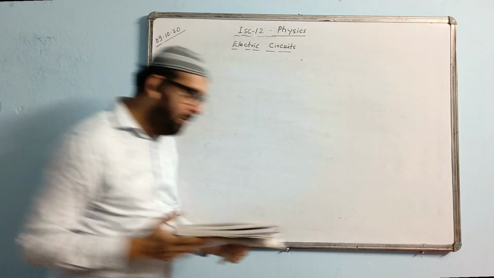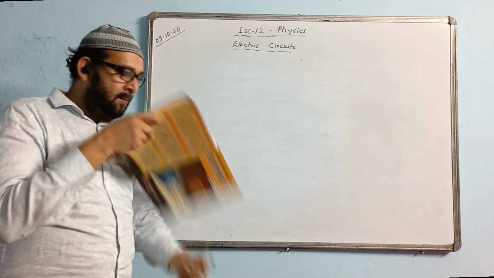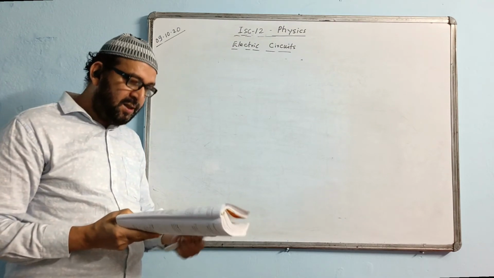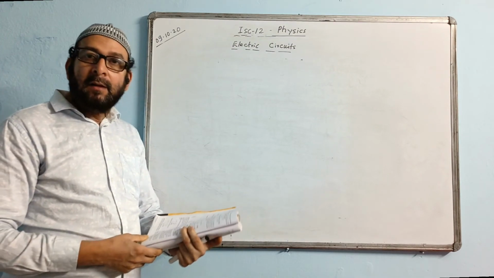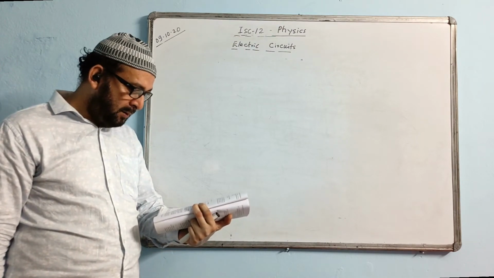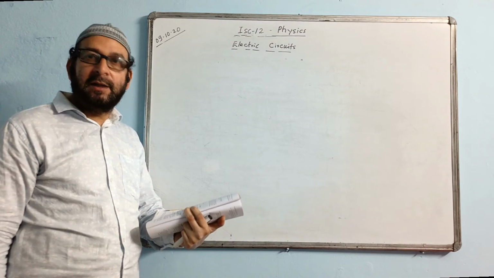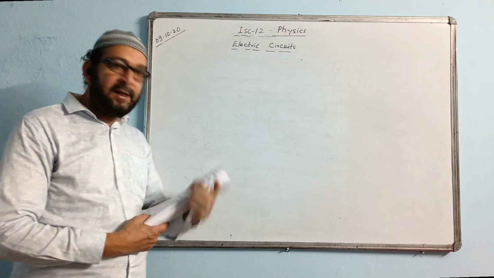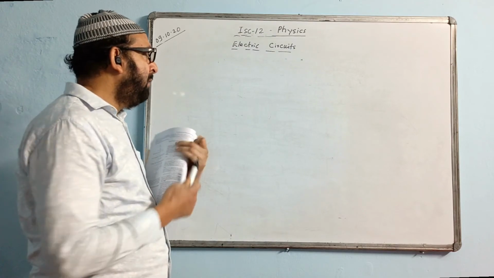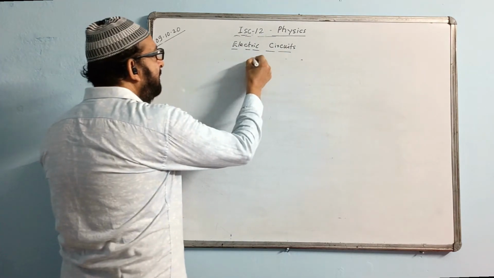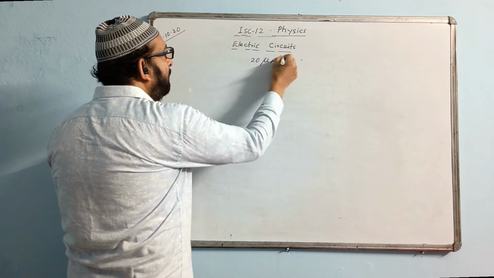Okay, now another question, also one IC question. The question says a galvanometer having 30 divisions has a current sensitivity of 20 microampere per division.